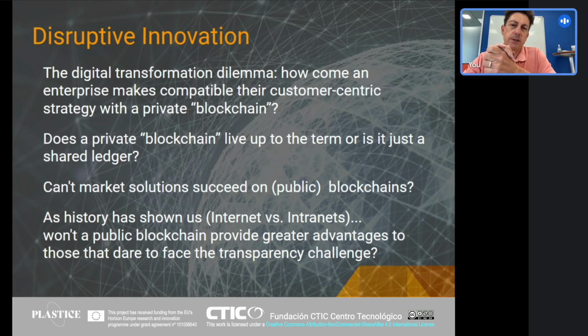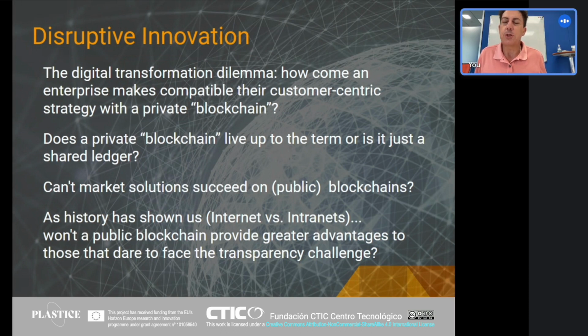So that's the type of questions that we have to decide. This is what I call the digital transformation dilemma. How can an enterprise make its customer-centric strategy compatible with a private blockchain? It seems incompatible. You talk about your customer, you work for your customer, you design for the customer, but then you use a private blockchain, so the customer has nothing to see, nothing to access. You always have to give them permission to see things.